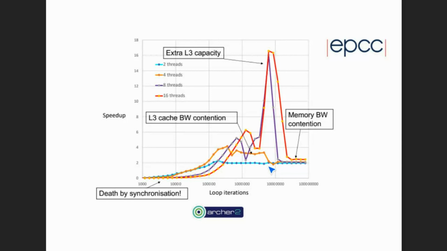So the one thread version is basically accessing main memory for this size. Once we go to 8 or 16 threads, we've got access to 2 or 4 level 3 caches, so that version with 8 or 16 threads is using the L3 cache instead of main memory. That's where this spike comes from.